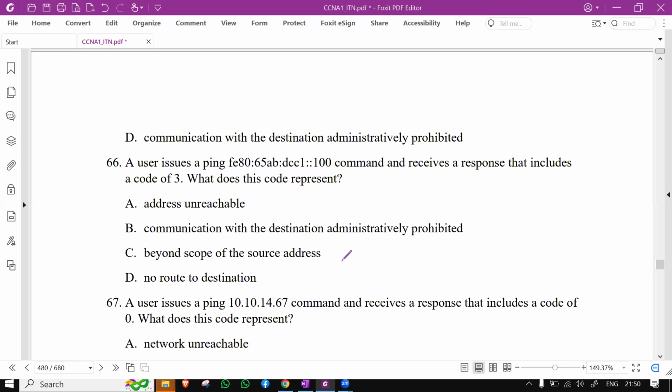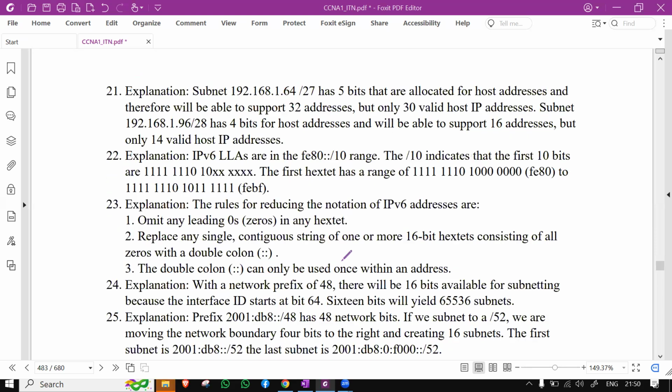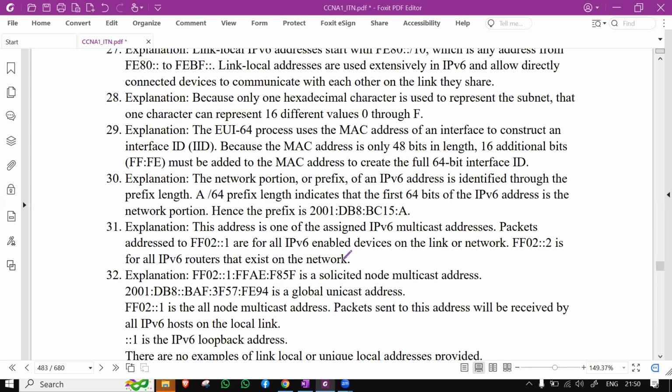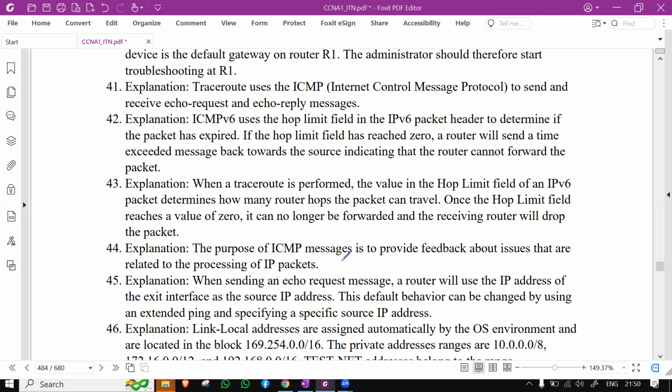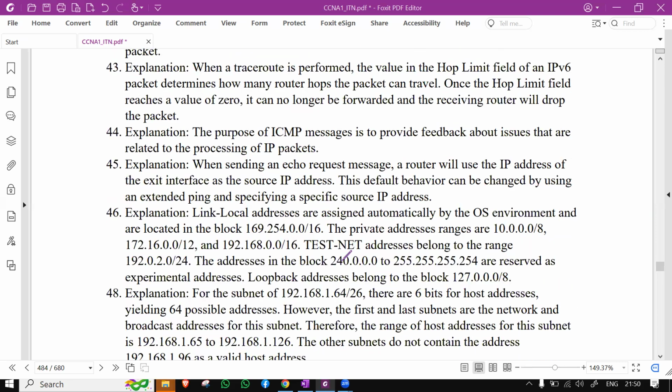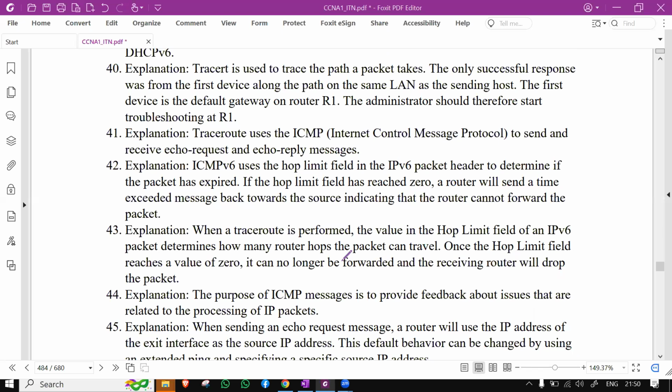Let us refer to 44. I'm not so sure about that question. Let me see my answers. You can always go back when you revise, when you watch through this video. The purpose of ICMP messages is to provide feedback about issues that are related to the processing of IP packets.